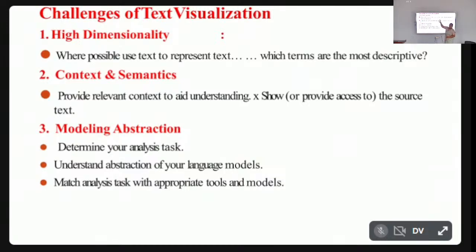When you are viewing some text, what are the challenges? First one is high dimensionality.